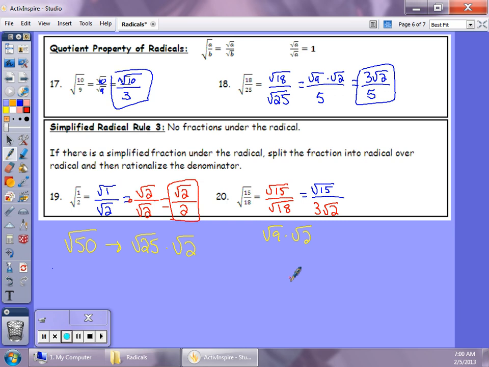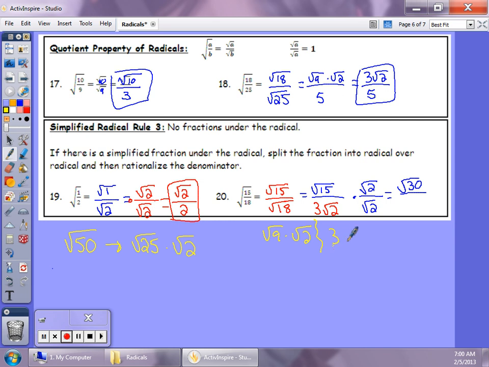So then from here, remember, we're only going to multiply the numerator and denominator by the radical. So we're going to do root 2 over root 2. And then root 15 times root 2 is root 30. And then here, we have 3.